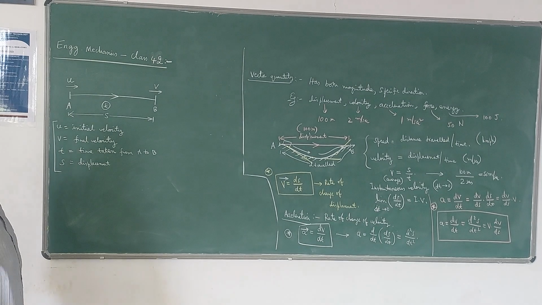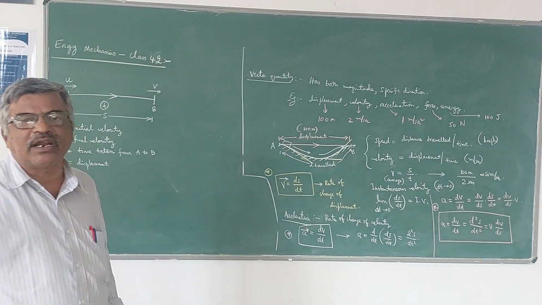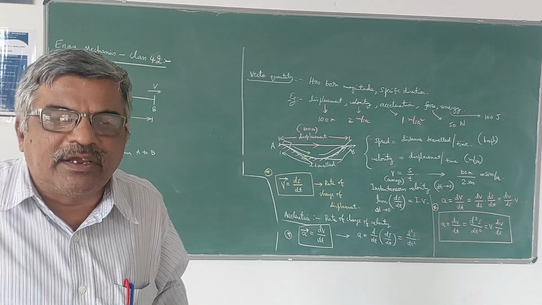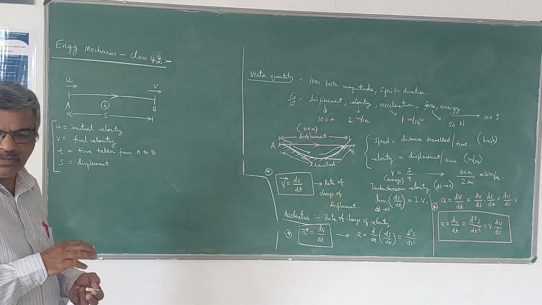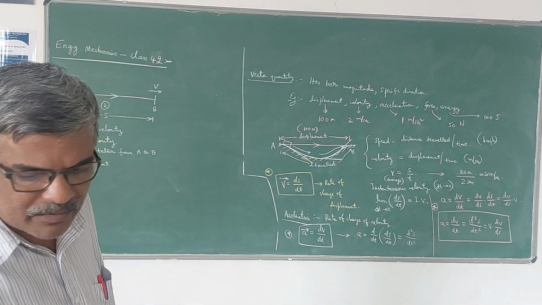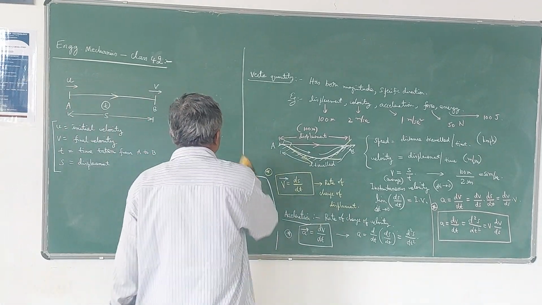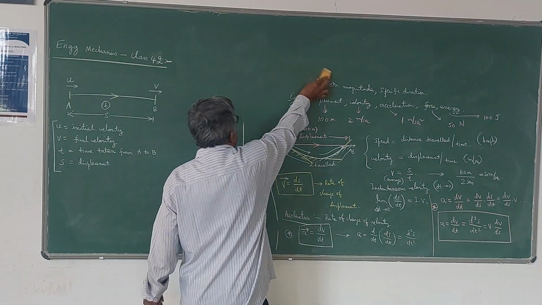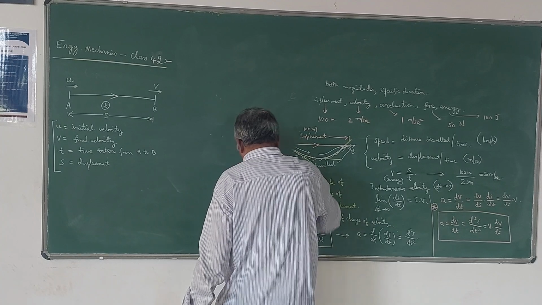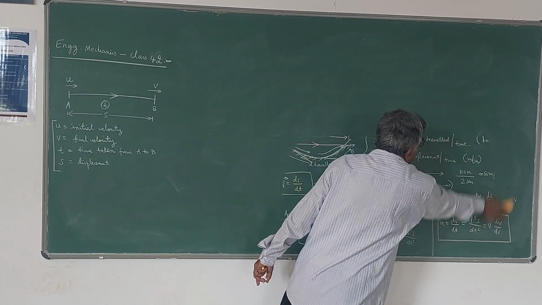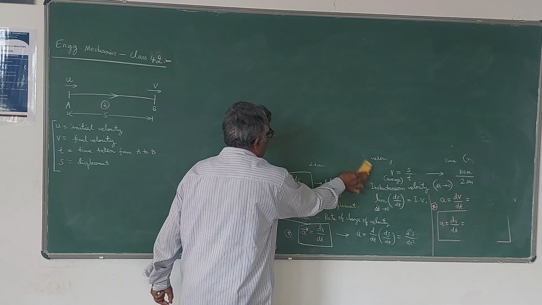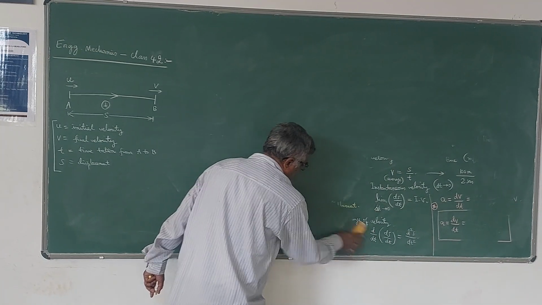Using these four important parameters, we can always derive the fundamental equations of linear motion. This is a linear motion problem because the motion is along a straight line. From these four, we can derive three important fundamental equations of linear motion. Let us see how we can derive it.